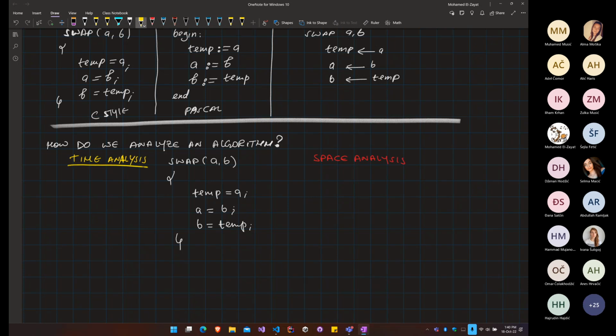Now for the time analysis, whenever you are trying to analyze the execution time of a certain line of code, you'll say it will consume X amount of time units. And we say time units because CPU clock speed is variable.